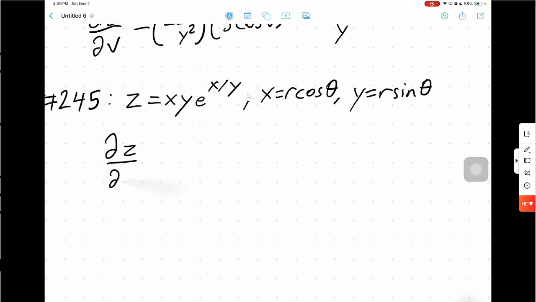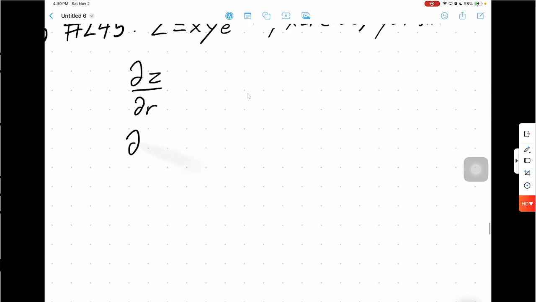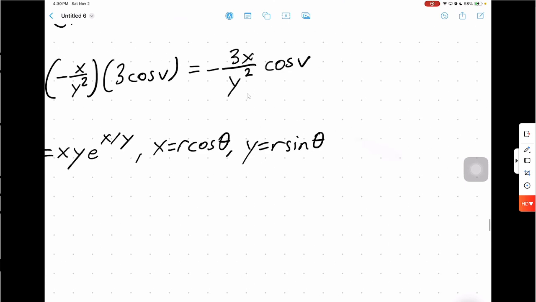And this wants to find partial of z with respect to r and partial of z with respect to theta when r is equal to 2 and theta is equal to pi over 6.